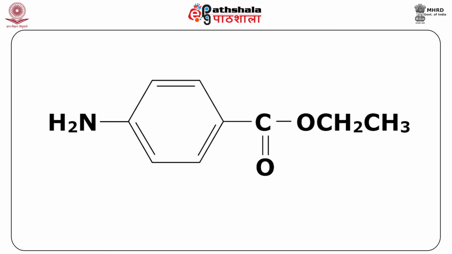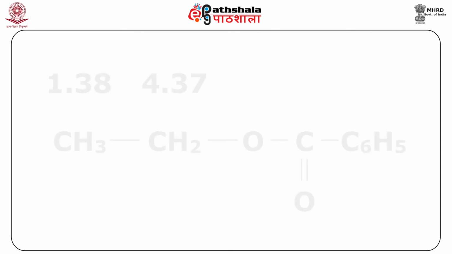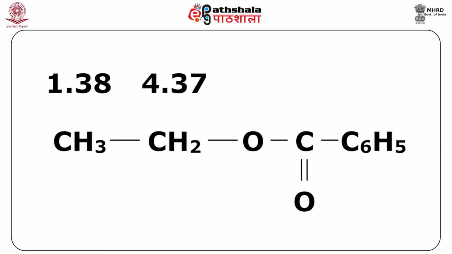The amine NH2 group is confirmed as it is exchangeable with deuterium oxide. The proton chemical shift of the OCH2 at 4.37 ppm is due to the presence of an ester structure. It is indicated here: CH3 at 1.38, CH2 at 4.37.